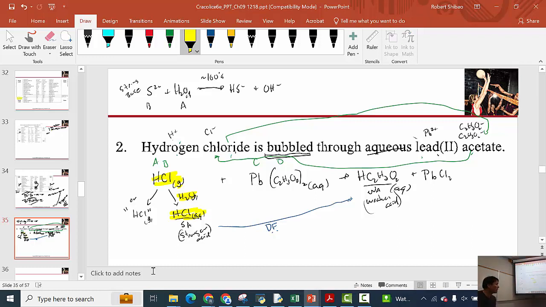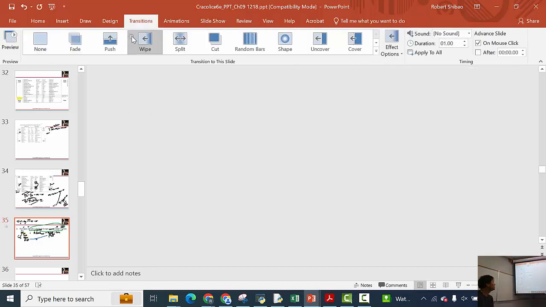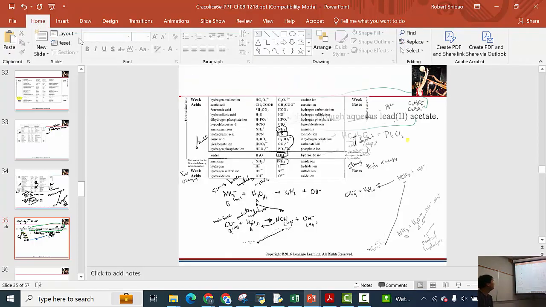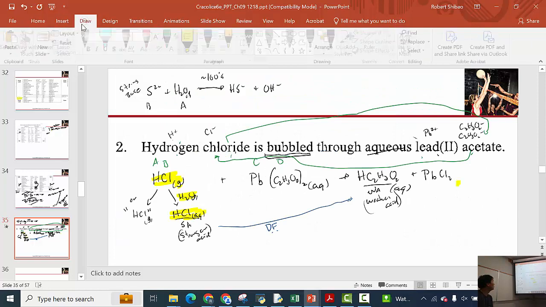Precipitate. Chlorides, bromides, and iodides are all soluble except for lead, lead 3, mercury, and silver. So this is one of the exceptions.